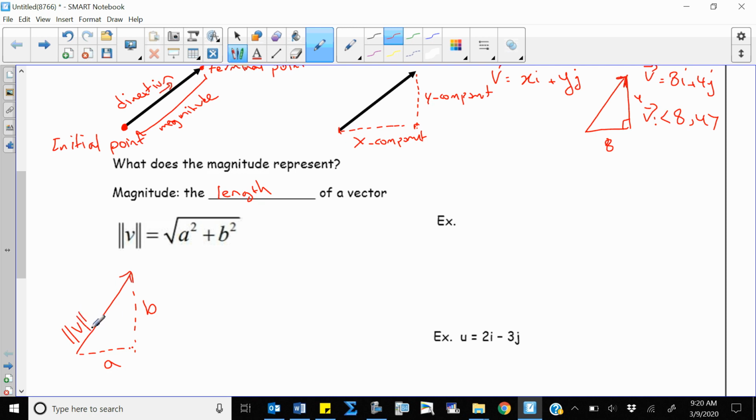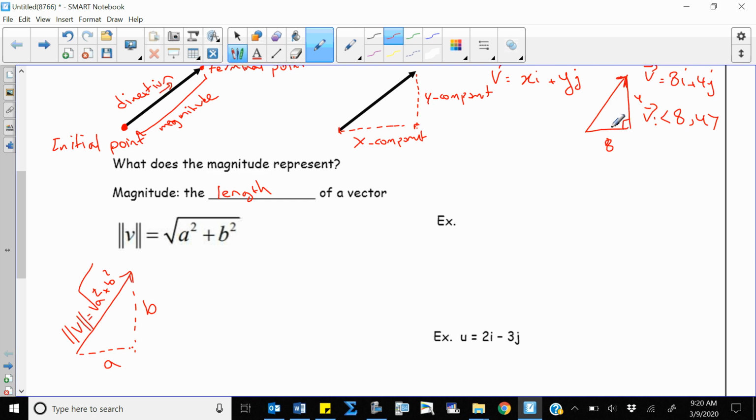This is how we represent magnitude: the name of the vector in between two bars on each side. This can be found using the Pythagorean theorem, so it is the square root of a squared plus b squared. That's how we can find the magnitude of a vector.